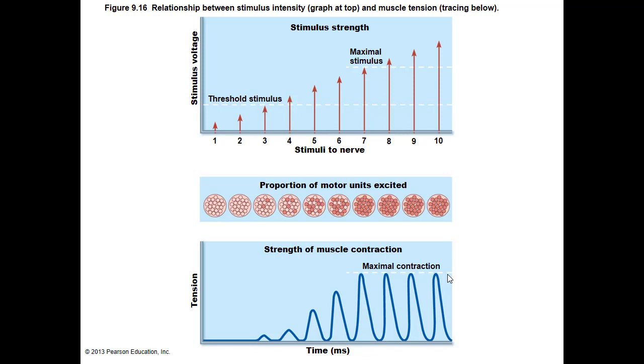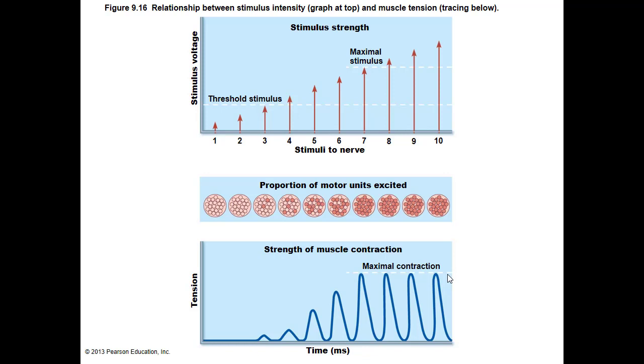But then at some point, you're going to hit what's known as the maximal stimulus. At maximal stimulus, have you activated and excited every muscle fiber in here? Yeah. So if I send it more electrical information, can it recruit more fibers? No. You've already recruited them all at whatever that stimulus at 7 was.